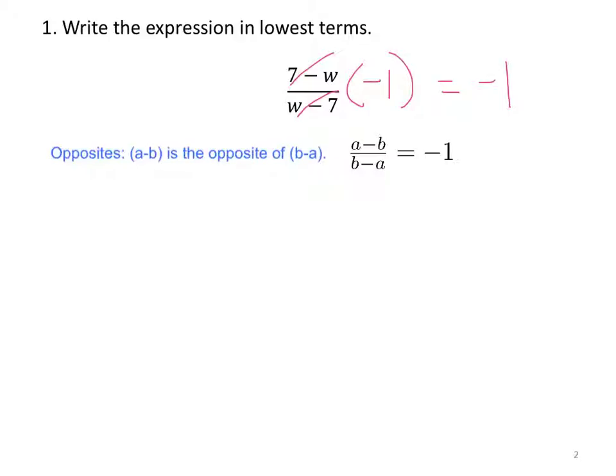So that's your answer. Notice that this only works when two things are subtracted. If they're added, this does not work. So a plus b, the opposite of a plus b is negative a minus b, and that doesn't help you. So a minus b and b minus a are opposites.